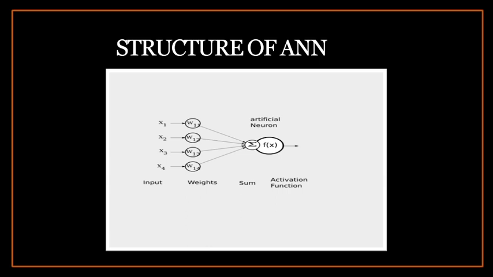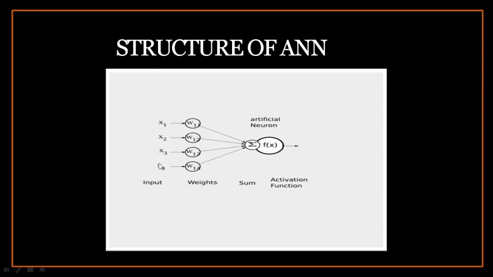Then you can ask me, what does this W stand for? That is W11, W12, W13 and W14. This is nothing but a weight. Weights are the real values associated with each feature, which tell the importance of that feature in predicting the final value. The sum is obtained by multiplying the input with the weights.